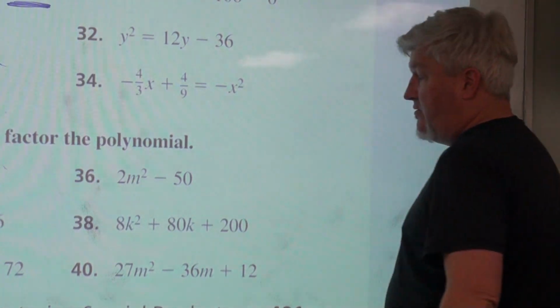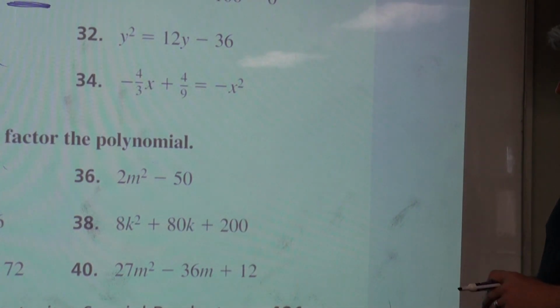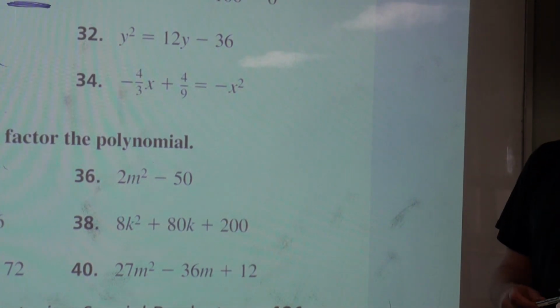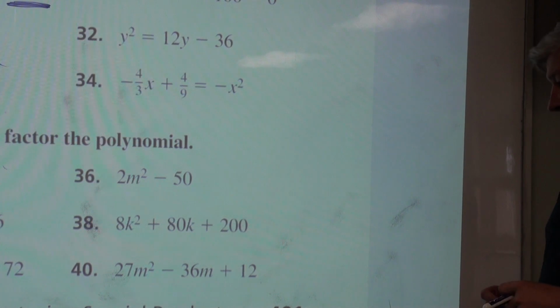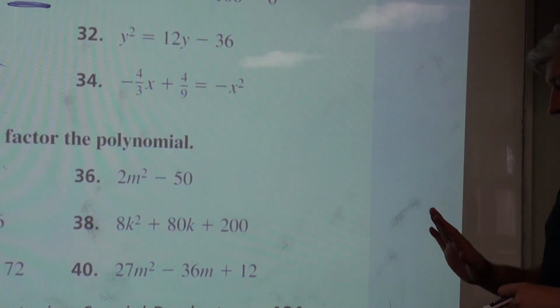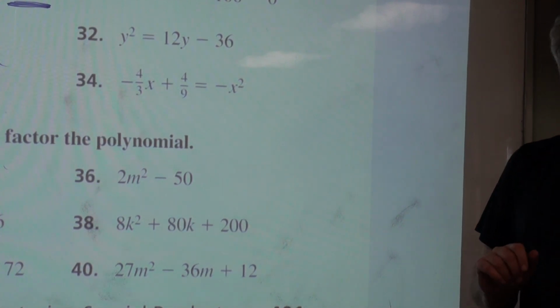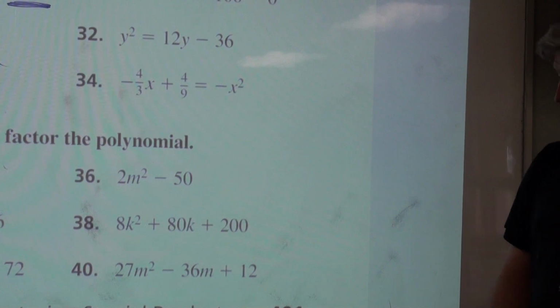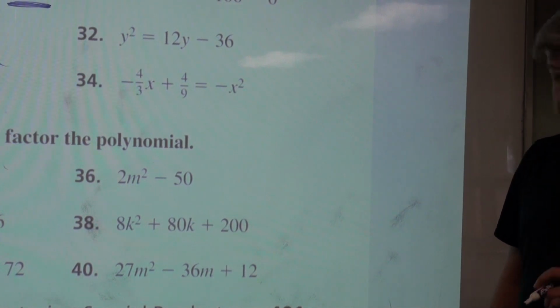Let's look at 38. 8k squared plus 80k plus 200. Okay? What is the term we should factor out? Now, be careful with this one. You could factor out an 8.